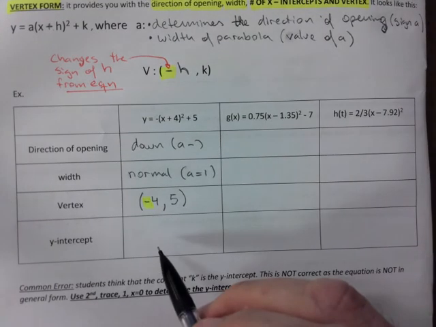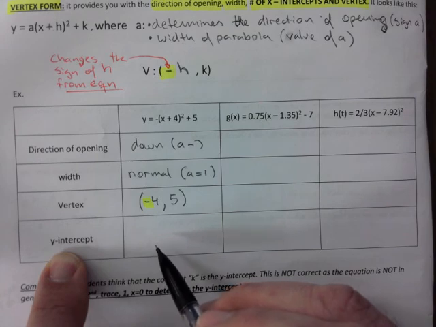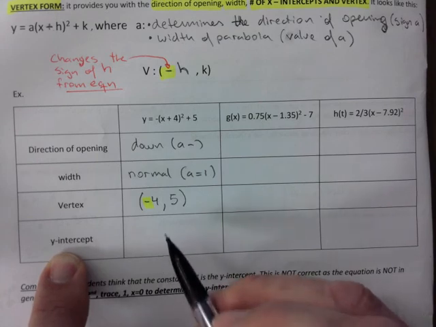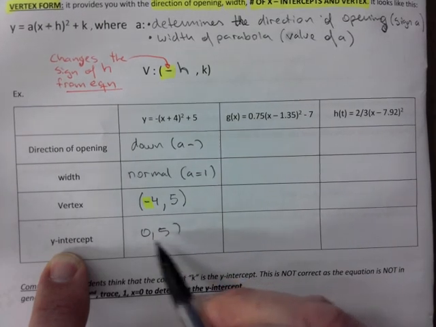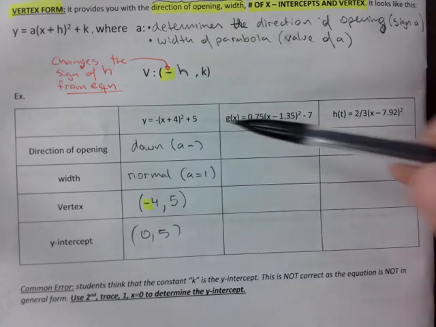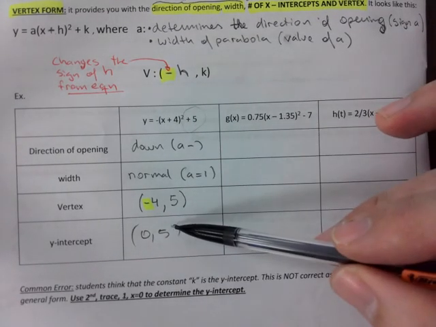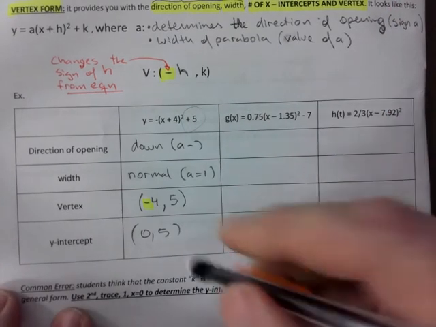Okay, and the y-intercept, common mistake. Close attention right now. The common mistake is for students, don't write this down, but they'll do this. Because we've been talking so much about that constant at the end, that's your y-intercept, but this is not in general form, is it? So you can't do that.